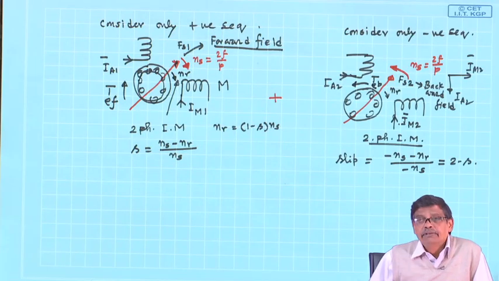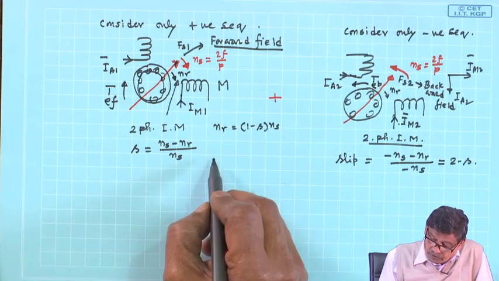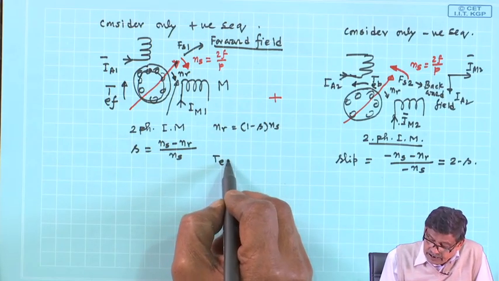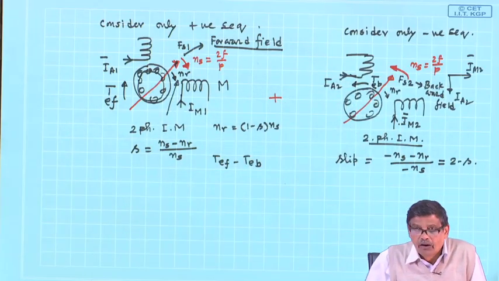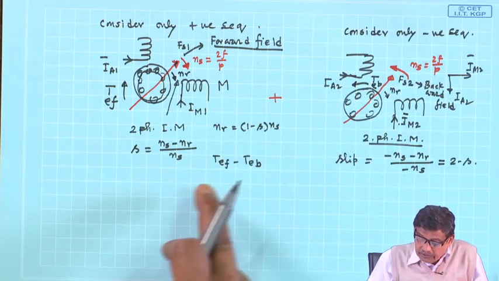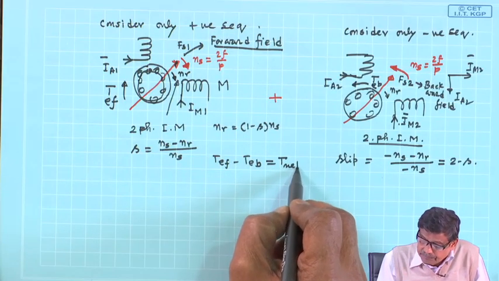And then I will say that the net torque acting on the motor will be TEF minus TEB, because they will be acting in opposite direction, and so this is the net torque, T net.